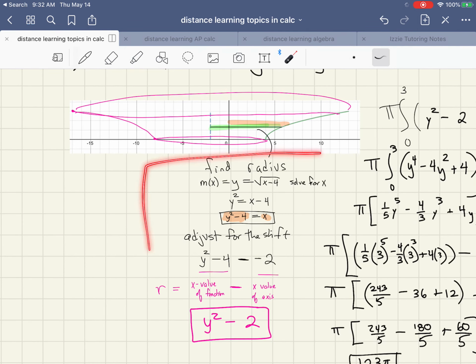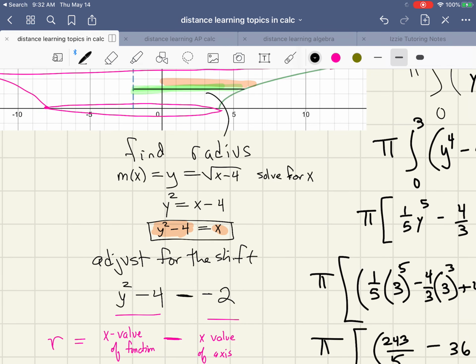So the real key here is to find the radius. And a lot like the other problem where we had to subtract the y value from the y value of the function, we have to do the same thing after we solve for the x. So first off, here's my function.